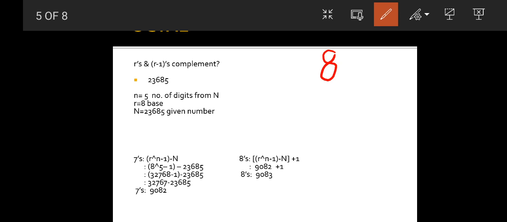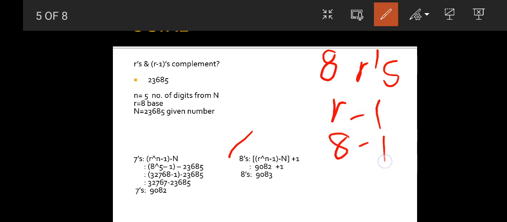If you're going to get the r's complement for base 8, it should be the 8's complement, right? And if you're going to get the r minus 1's complement, it should be 8 minus 1, which is equivalent to 7, so it is the 7's complement.